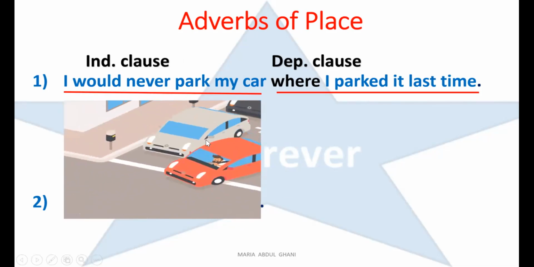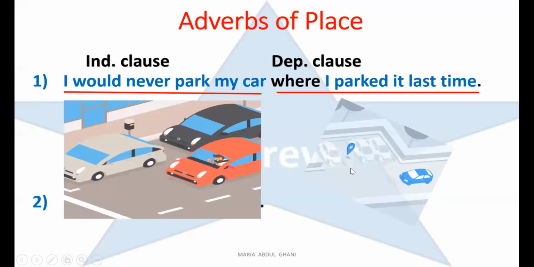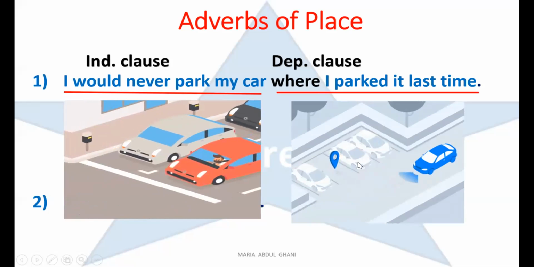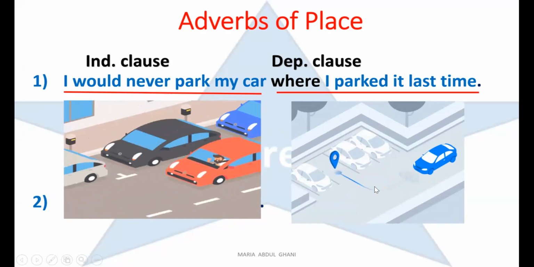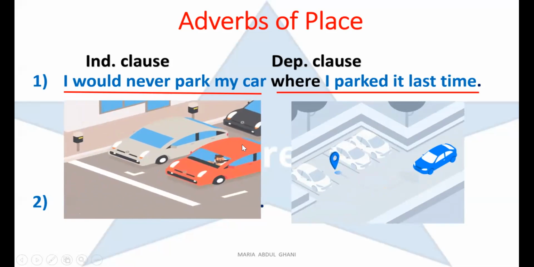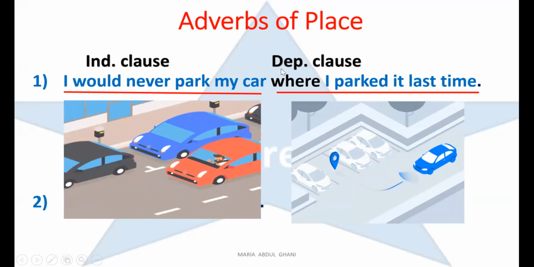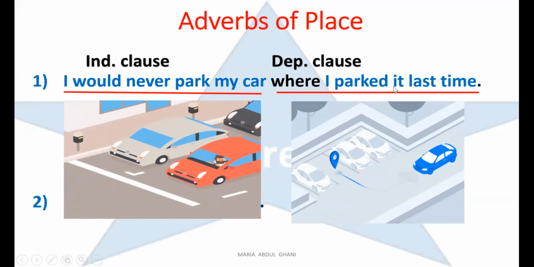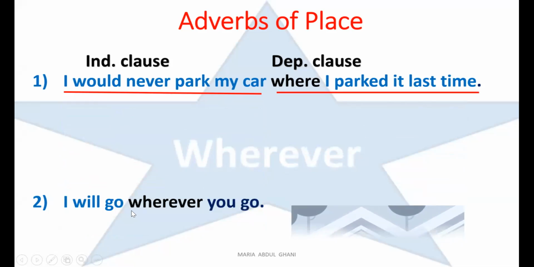I would never park my car: he doesn't want to park his car in the place where he parked it last time, for a certain reason. So for this reason, we use "where I parked it last time." Sorry, Yara, for the interruption. I will go is the independent.